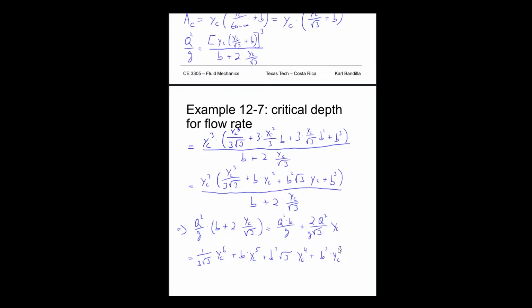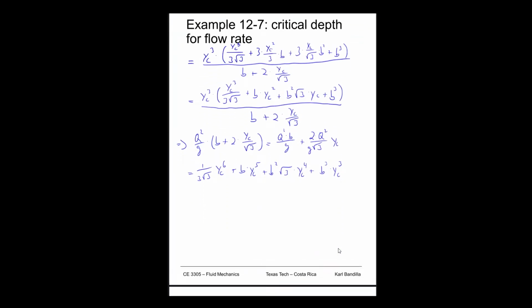All right. Now what else can we do? I guess we can bring all the terms on one side so we can have equal to 0. And I think that's all we can basically do.